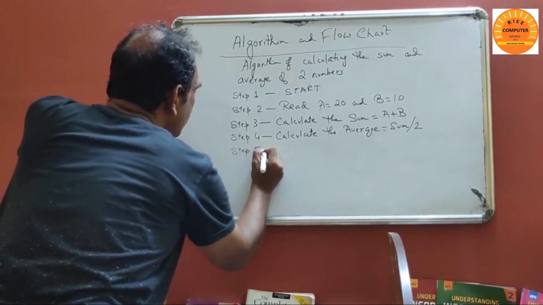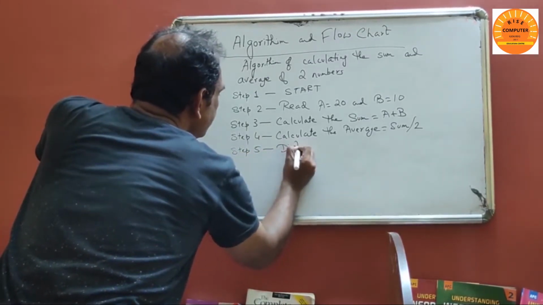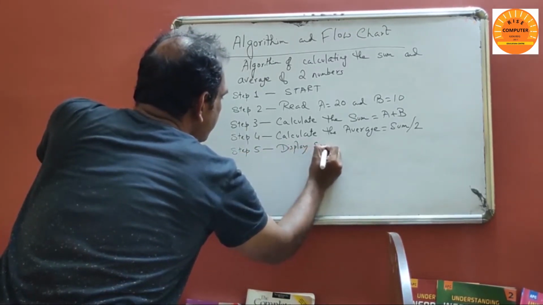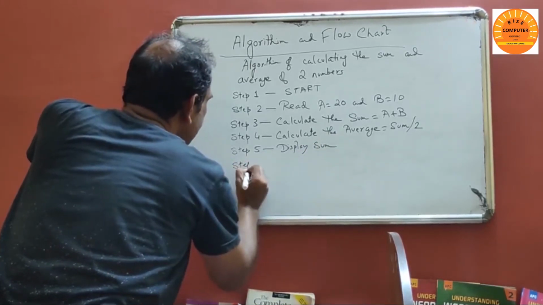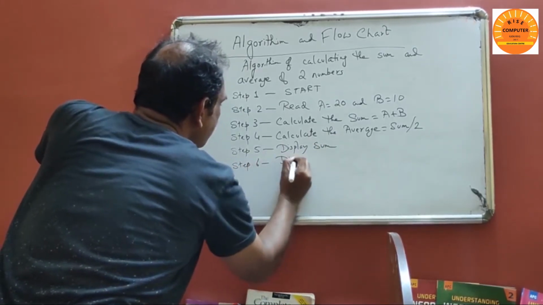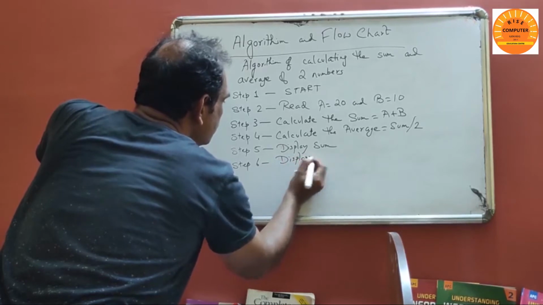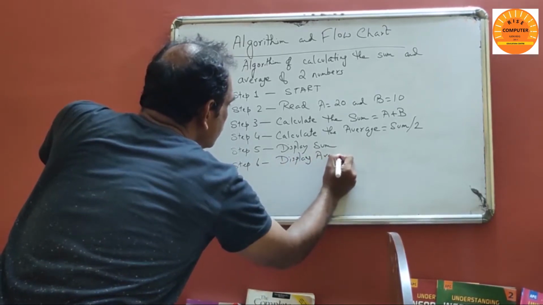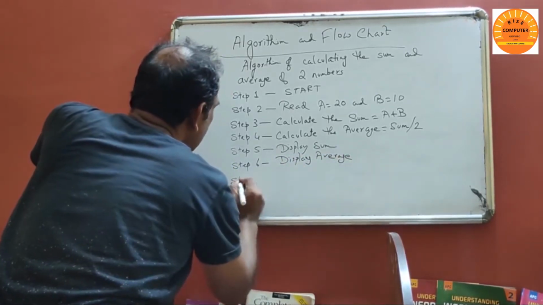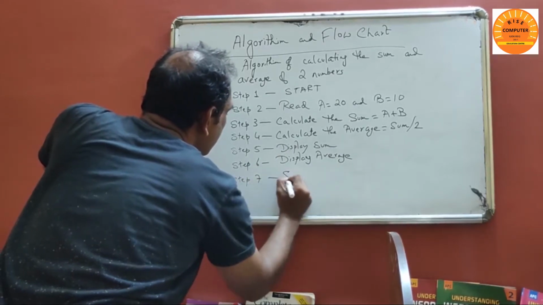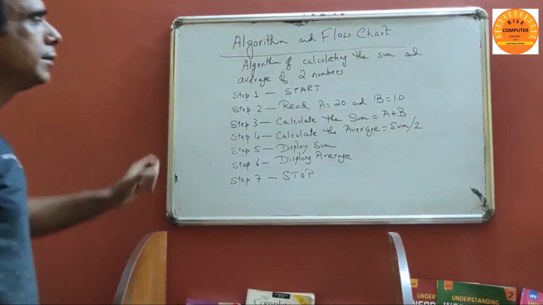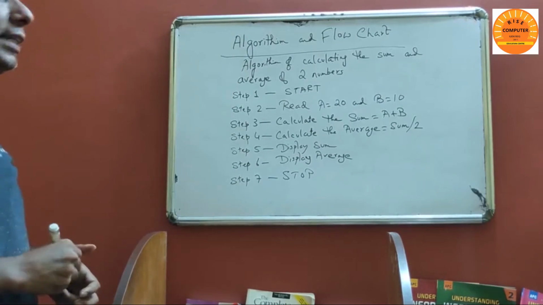Step 5, display sum. Step 6, display average. And step 7, stop. So this is the process.